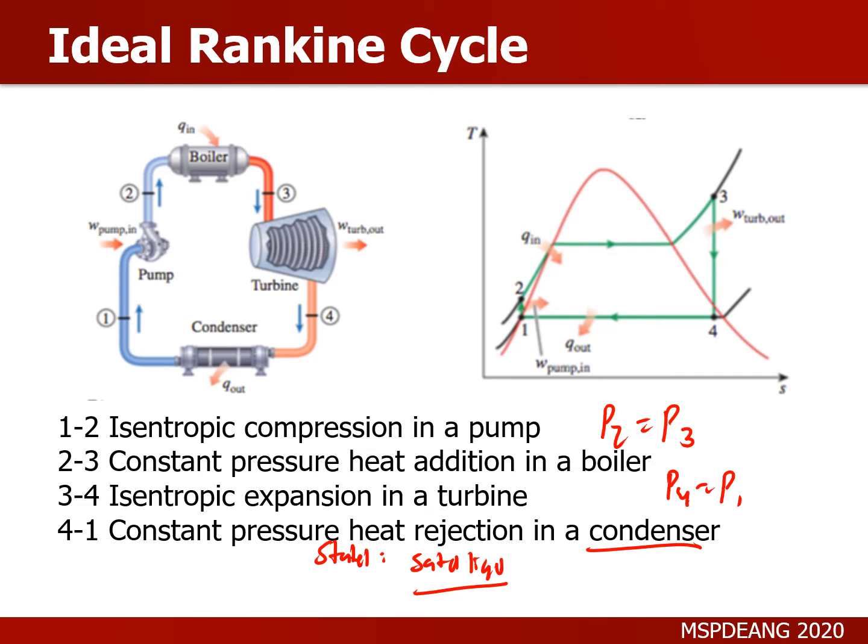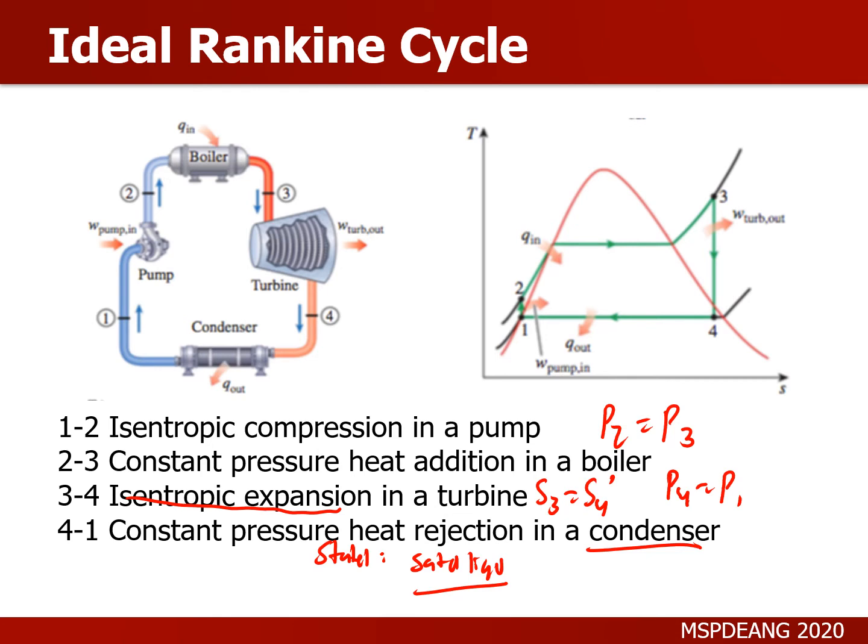So constant pressure heat rejection sa condenser 4 to 1 and constant pressure heat addition sa boiler 2 to 3. And last, you have an isentropic expansion in your turbine. Therefore, S3 should be equal to S4 prime. Prime indicates na isentropic yung expansion process natin, so isentropic state 4.